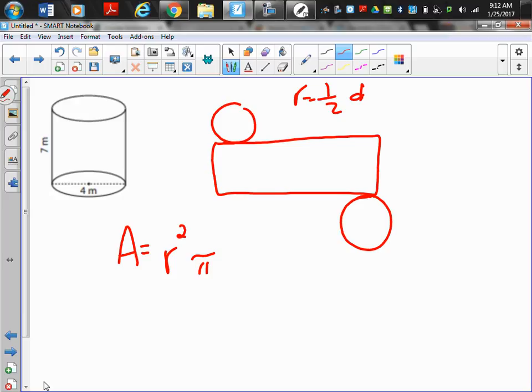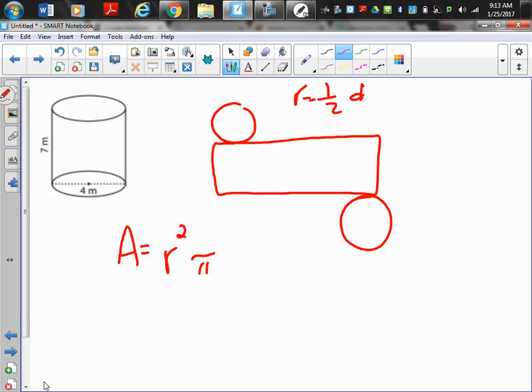Now, diameter goes all the way across the circle. So what is the radius of this circle, Micah? The diameter is 4. What's my radius? What's half of 4? 2. All right. Now, on your assignment, it's going to tell you to find area in terms of pi.